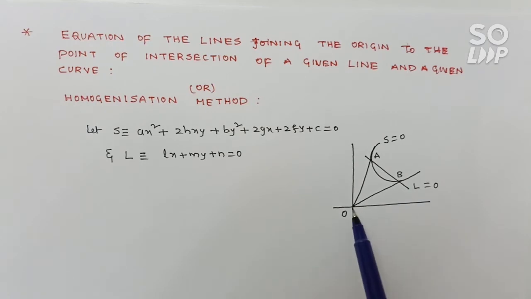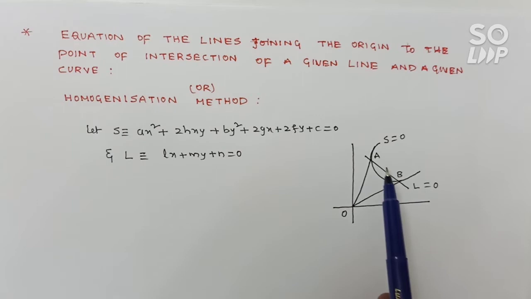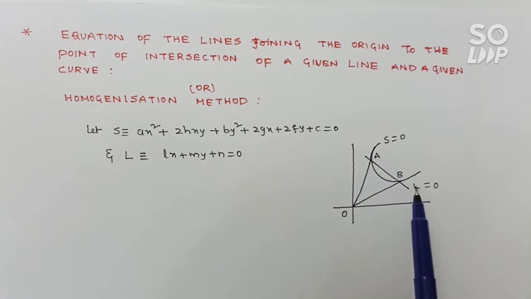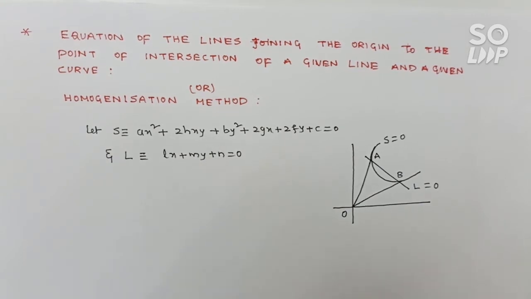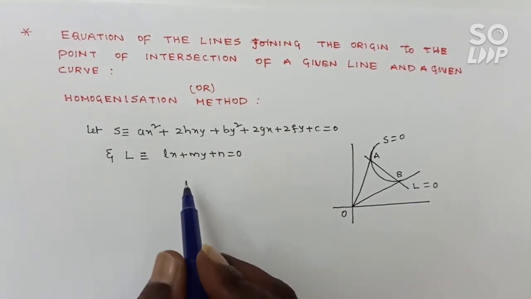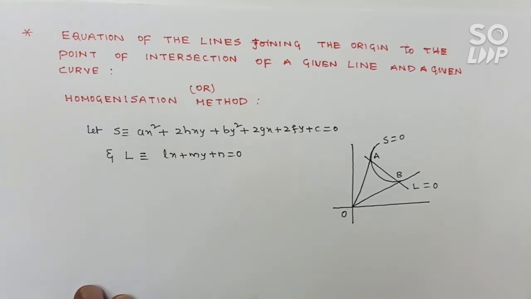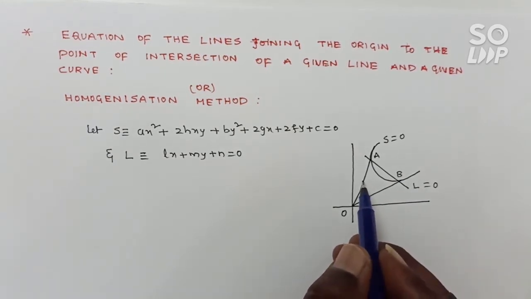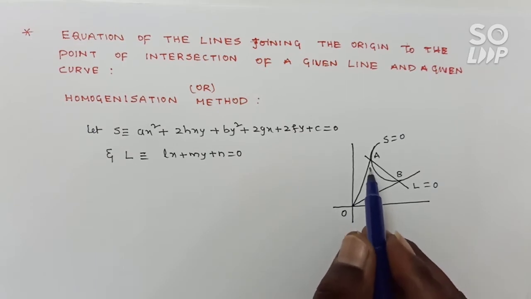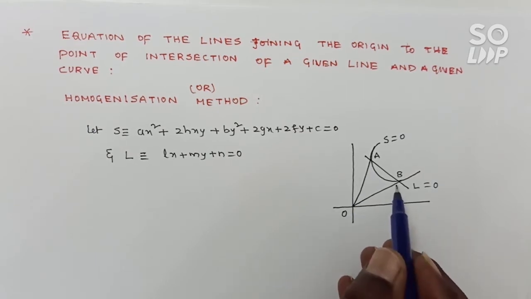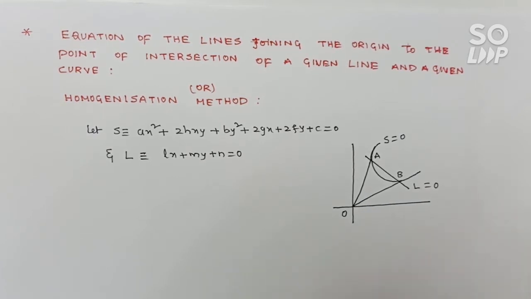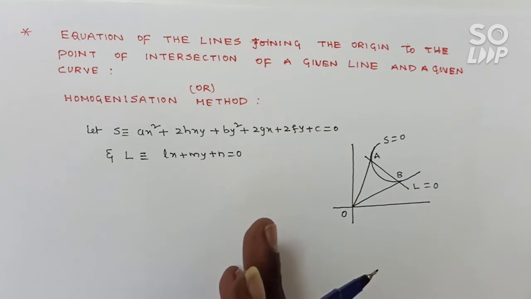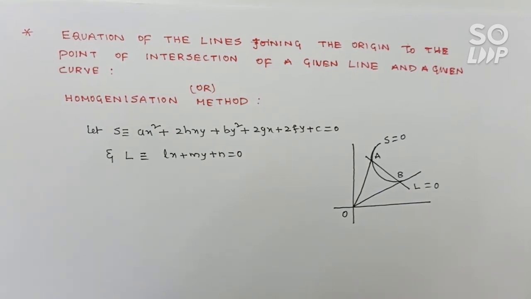Why is it called homogenization? Because the combined equation of these two lines OA and OB is a homogeneous equation. That's why the process is called the homogenization method.